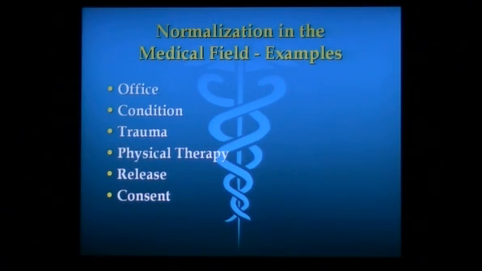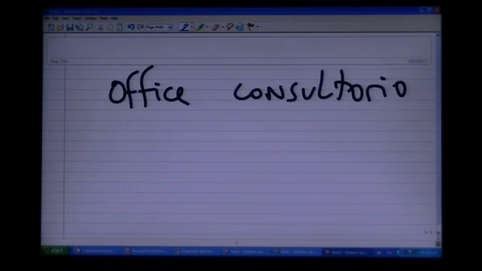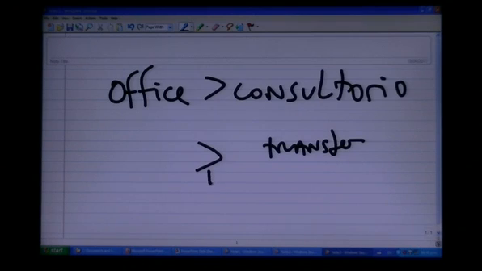So the term office, I'm going to now use the board, office is consultorio. That's what we call this symbol here. This means transfer. And when I put an L below, it means localized transfer. What does it mean? I use a very appropriate term that will be understood in most countries.